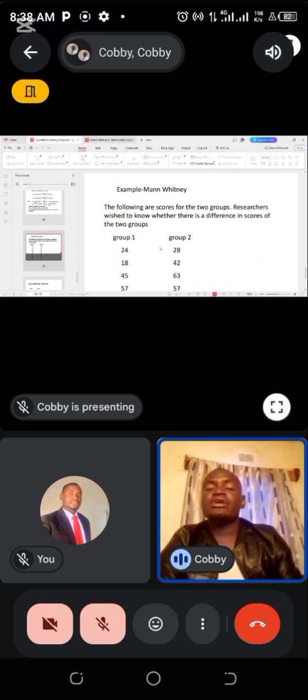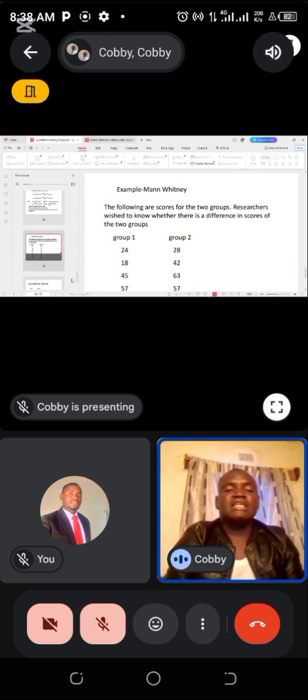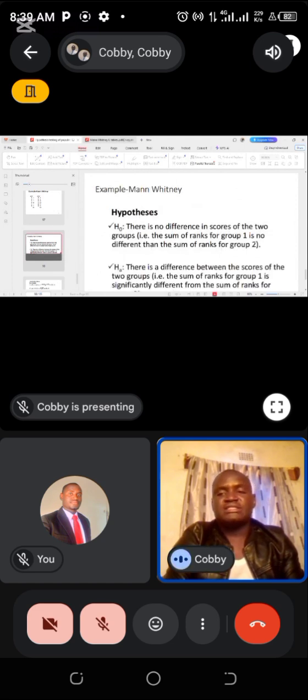So we are going to use the Mann-Whitney test. The first step, we are going to state the null hypothesis. The null hypothesis is going to say there is no difference in scores of the two groups.